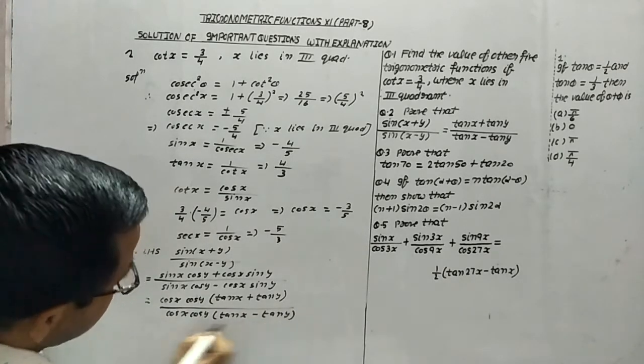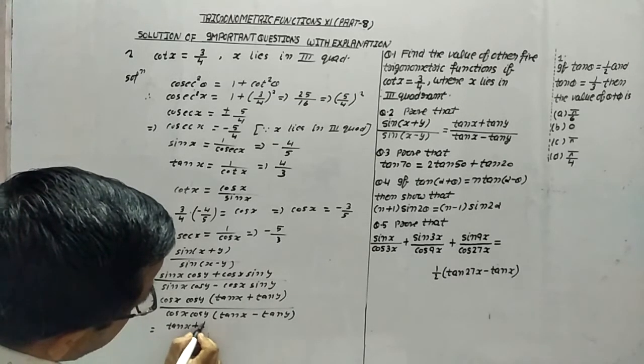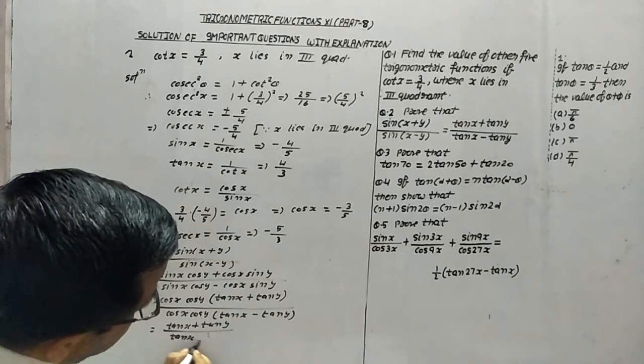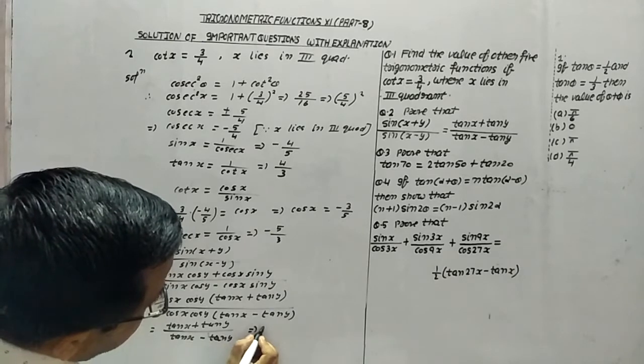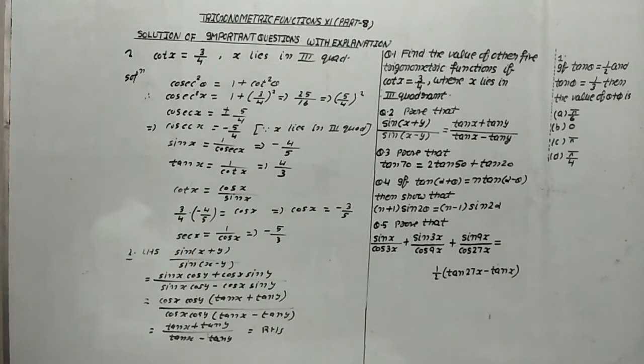So this is the right hand side, because we are getting tan x plus tan y upon tan x minus tan y, which is equal to the right hand side. So this is the answer, and using these trigonometric formulas we can prove anything according to the questions.